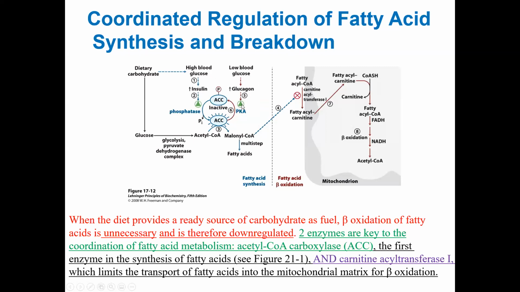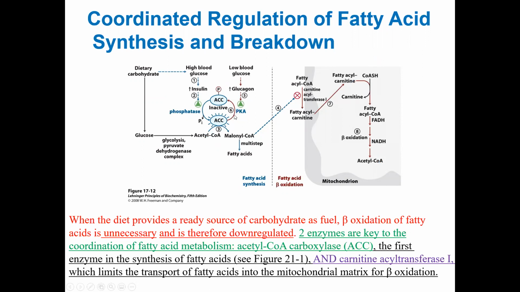Once PKA is activated, it will take acetyl-CoA carboxylase and phosphorylate it to ensure that you are not converting acetyl coenzyme A to malonyl coenzyme A. Instead, you are taking fatty acids and trying to bring them into mitochondria so they can be metabolized.